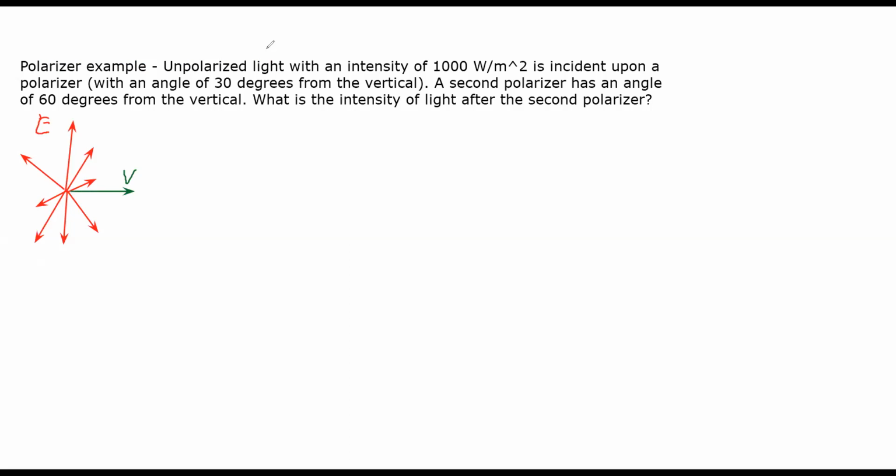I have a polarizer that says 30 degrees from the vertical. So here's this polarizer. Remember, a polarizer has these slots that it has to let the electric field through, right?